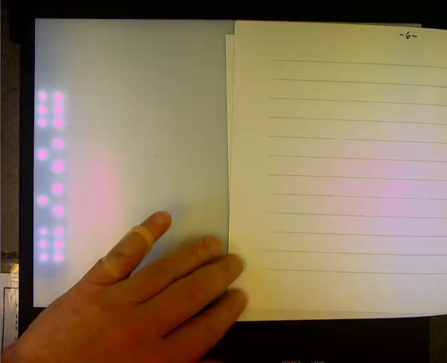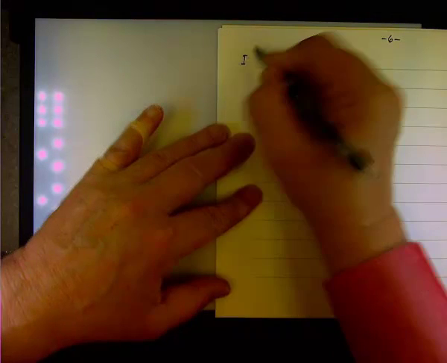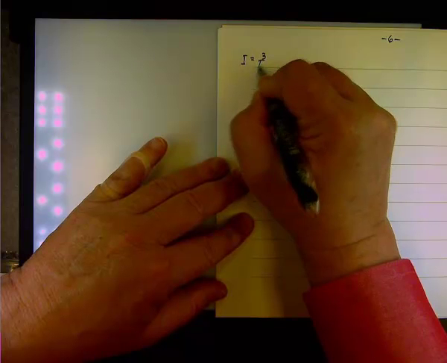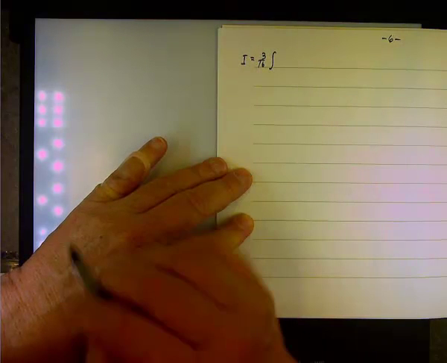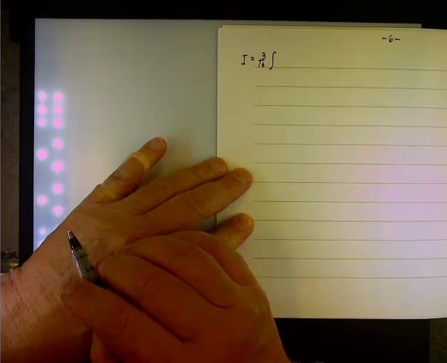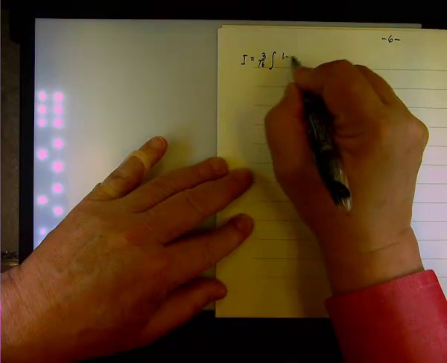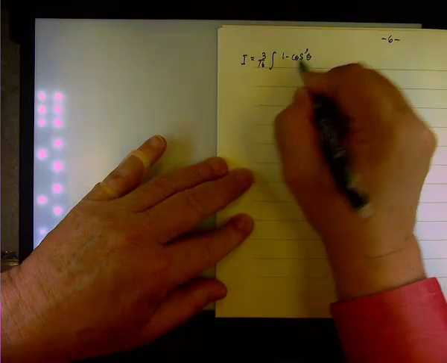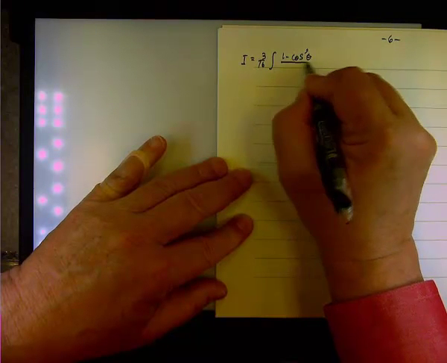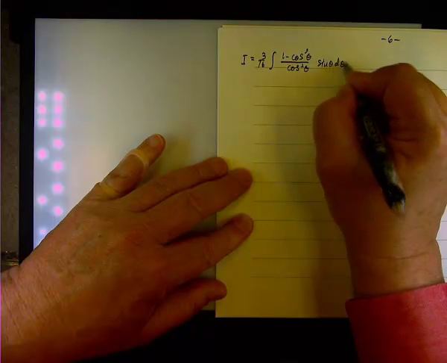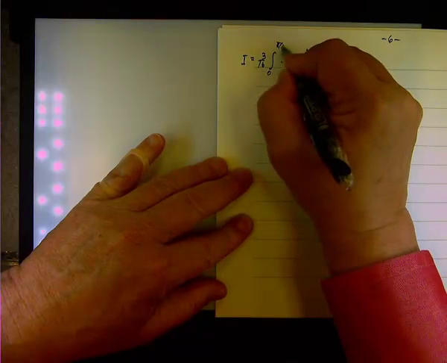Where we are, okay, this is what we have. If you look at the bottom, the integral, let me rewrite it, is 3/16, 1 minus cosine squared over cosine squared, sine theta d theta, 0 to pi over 3.